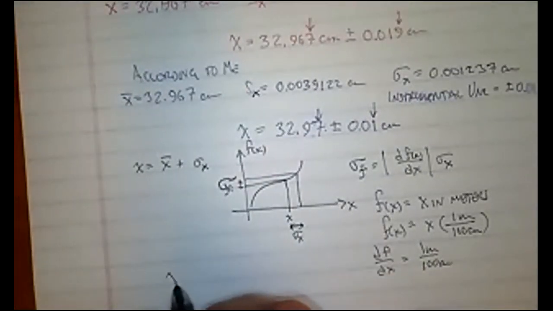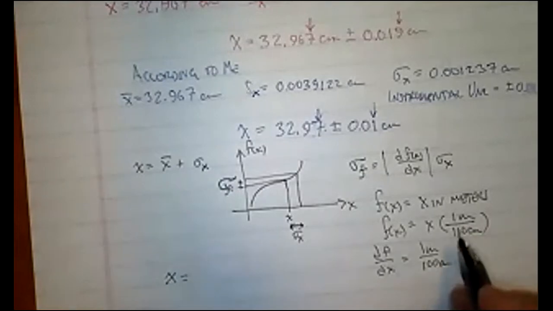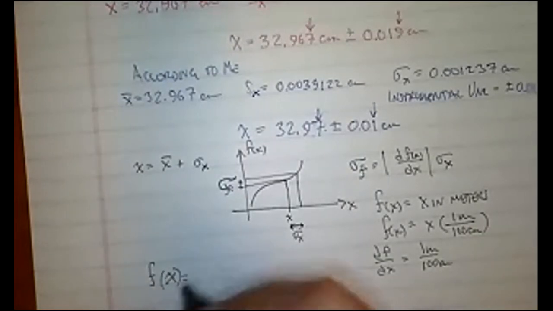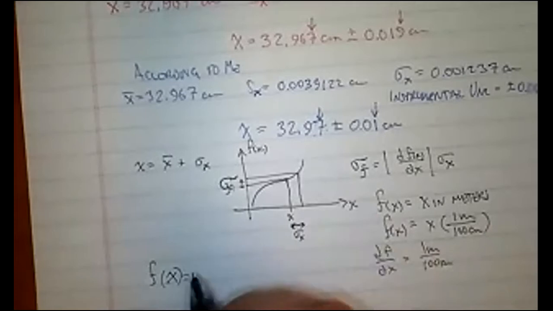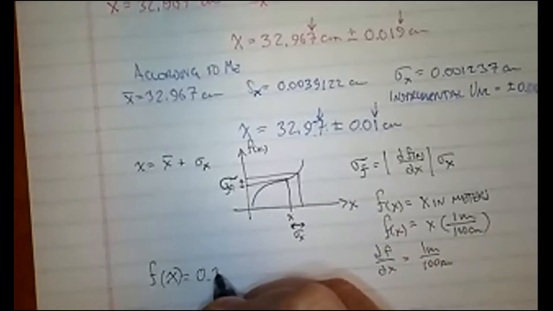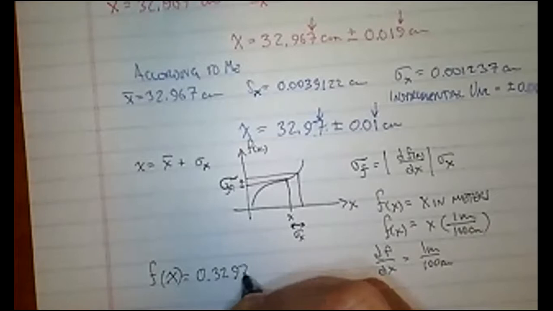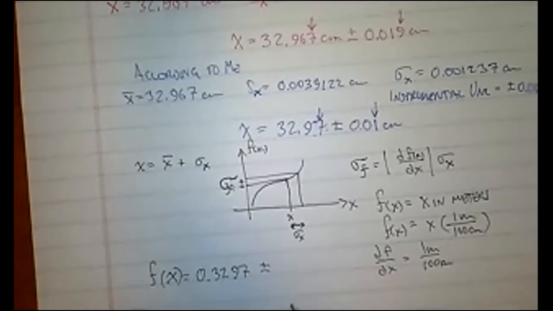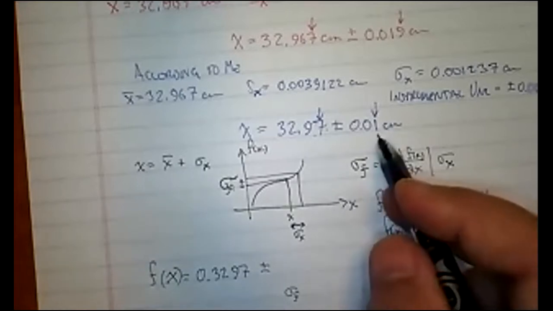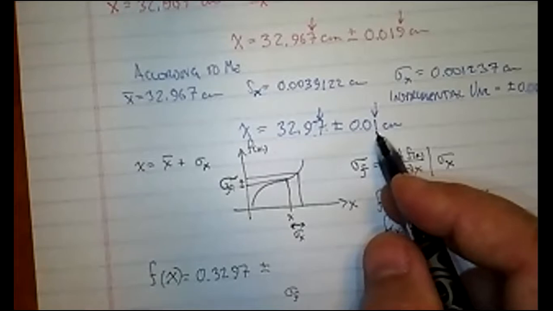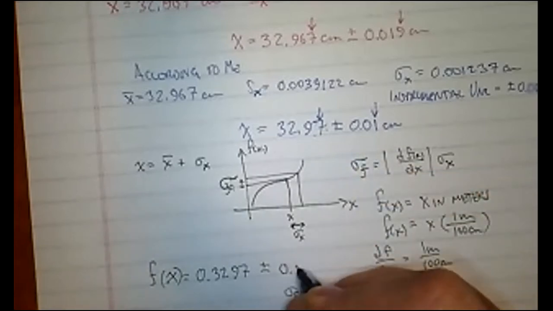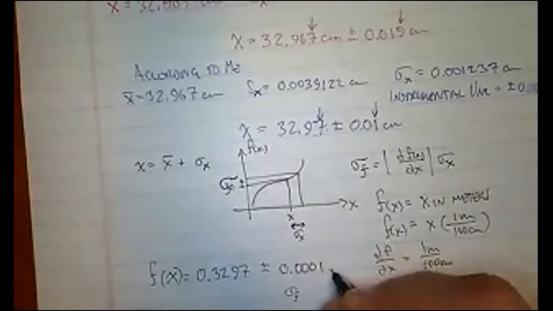So there I would say that my f of x is, instead of 32.97, now 0.3297. And then I would say that is plus or minus sigma f, which is going to be 1/100 times the 0.001. So I'm going to move the decimal 2 places to the left and say this is 0.0001.